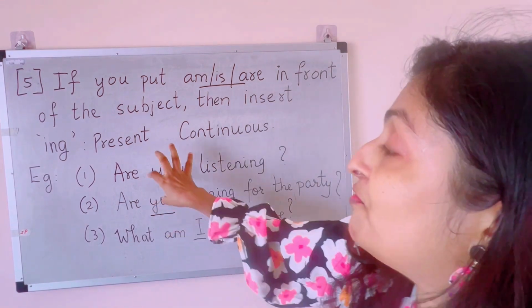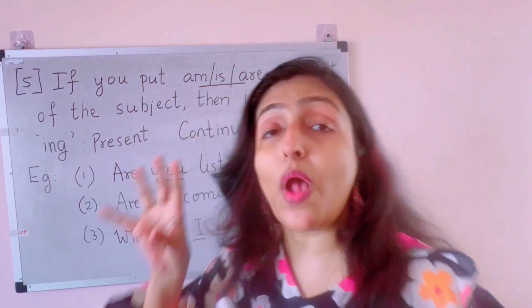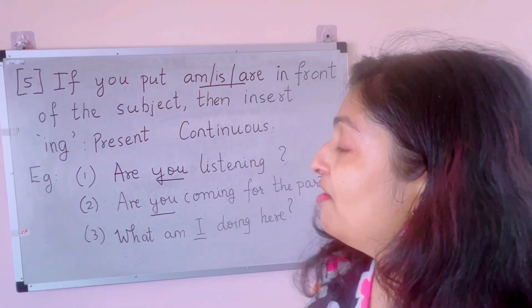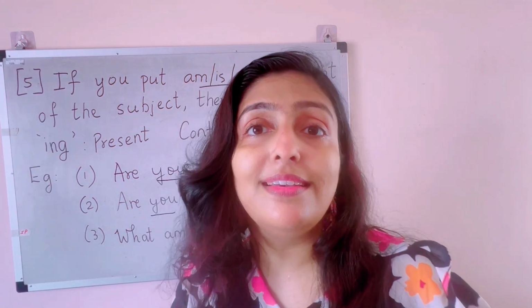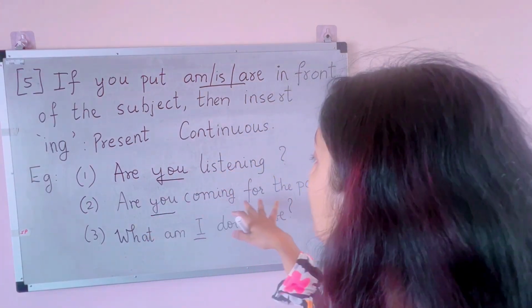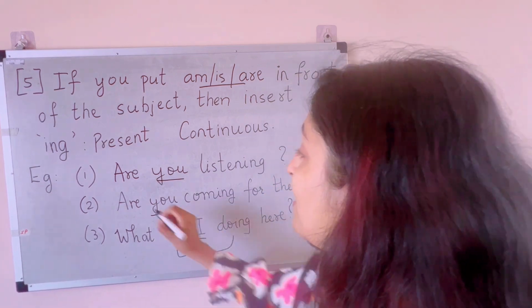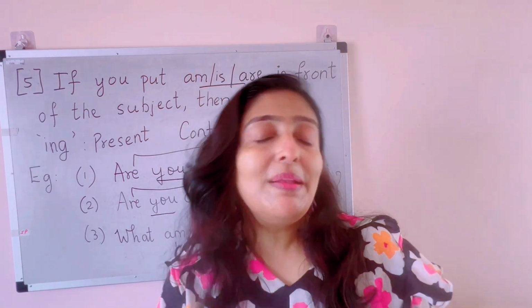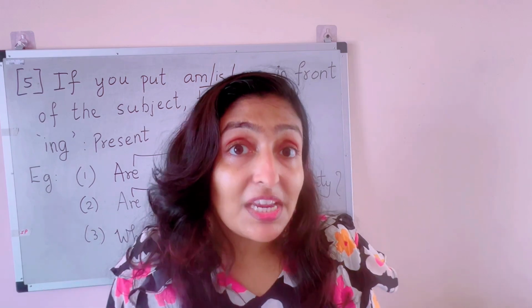So in front of the subject, when there are verbs like am, is or are, you have to necessarily use ing. For example, are you listening? There is no option with us other than using the ing form. Are you coming for the party? Third example is, what am I doing here? So all these examples represent present continuous tense. What am I doing here? What am I waiting for?